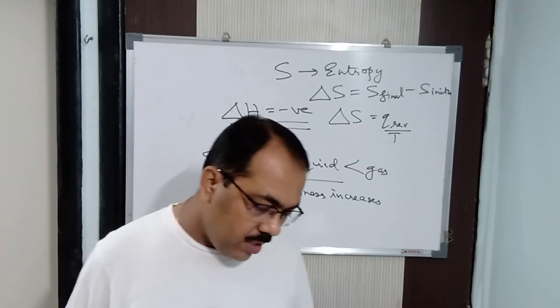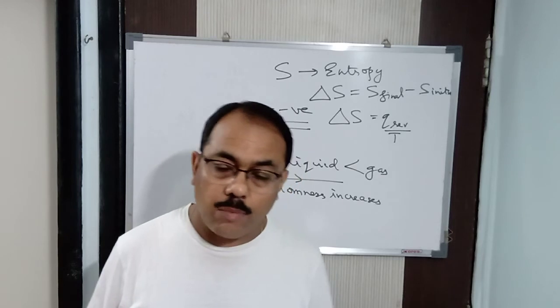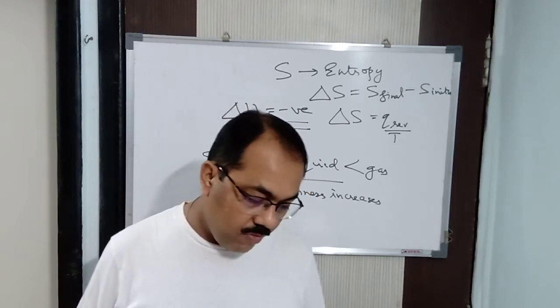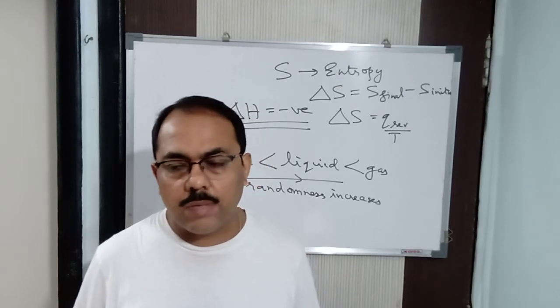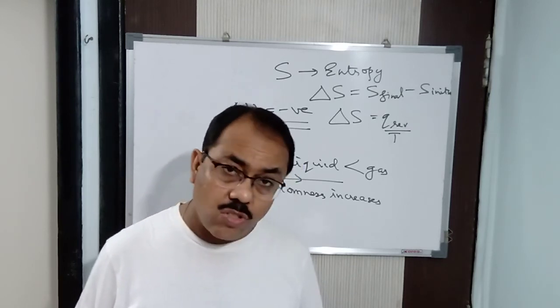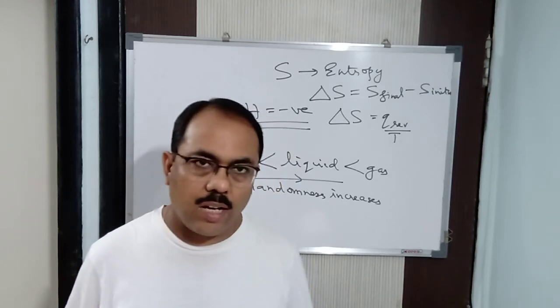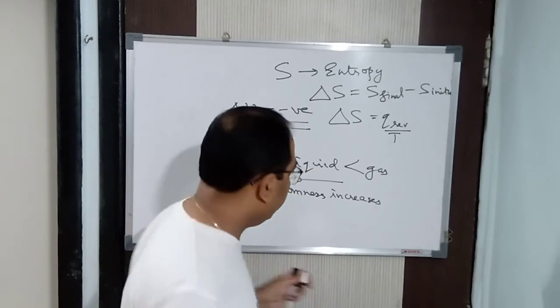Now, entropy change in an ideal gas. How to calculate entropy change in an ideal gas? When I say ideal gas, it's the isothermal reversible process of an ideal gas. That is isothermal, not isolated. So when I say isothermal, that means delta U is equal to 0.